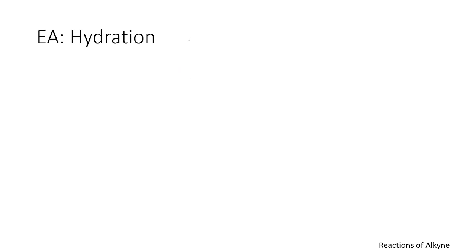So basically, when we talk about hydration, we need to add water. It must be a catalyzed reaction wherein we have here our H2SO4 and our HgSO4. The reaction will not proceed when these two are not present.